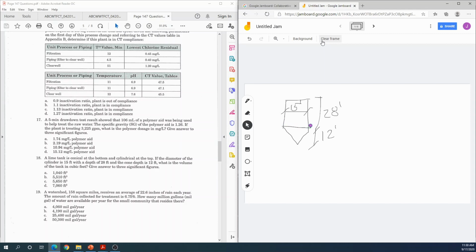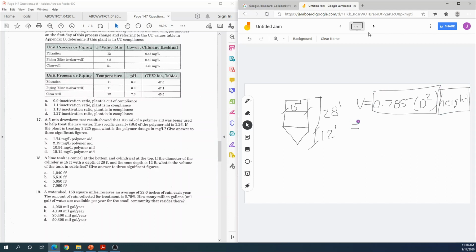So the first one we're going to have is going to be the volume of a cylinder. If we look at our cheat sheet, the volume of our cylinder is equal to 0.785 diameter squared times our height. So again, volume of a cylinder essentially is just going to be the area of the circle times the height.